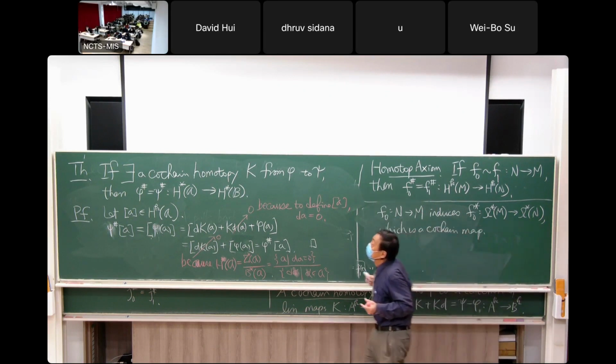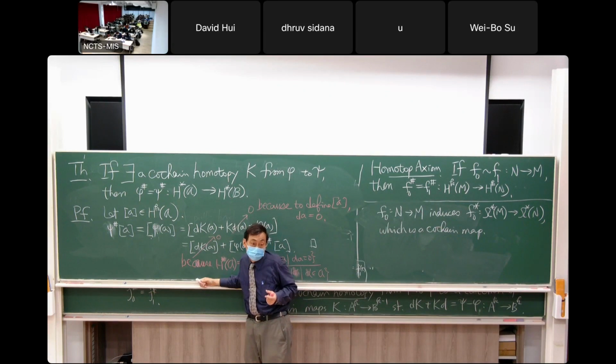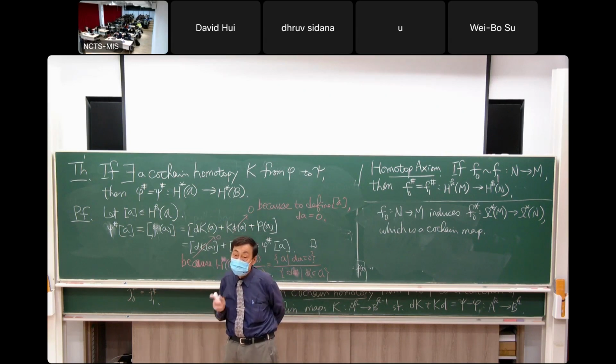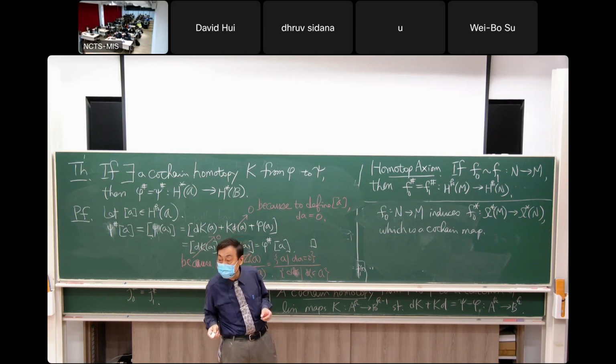And all we need to do is to find a co-chain homotopy. And if I remember correctly, there is actually a theorem that says that if two co-chain maps induce the same map in cohomology, then there exists a co-chain homotopy between them. Okay? The problem is to find it. You know it exists, but you have to find it.